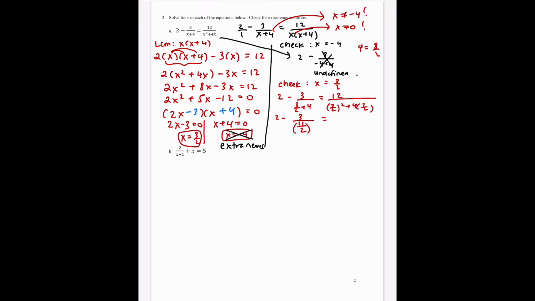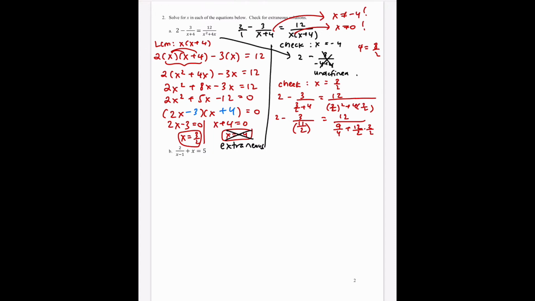Then 3/2 squared is just 9/4, and 4 times 3/2 is 12/2. Multiplying by 2/2, 12/2 is like saying 24/4.